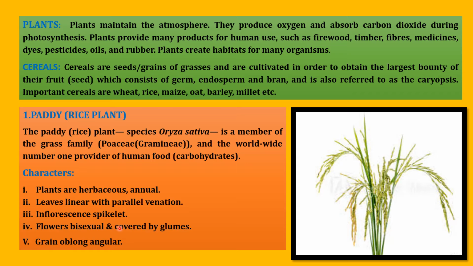And spikelet is a type of inflorescence especially seen in grasses. Number 4, flowers are bisexual, and covered by glumes. And number 5, grain, oblong, angular.